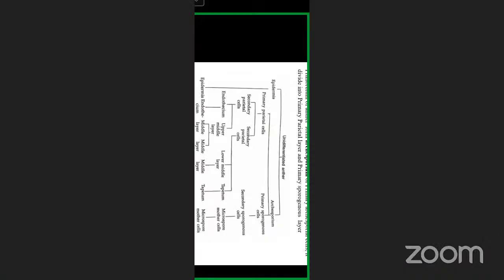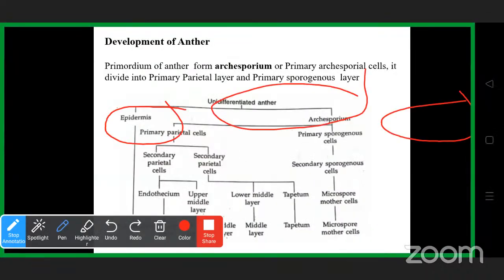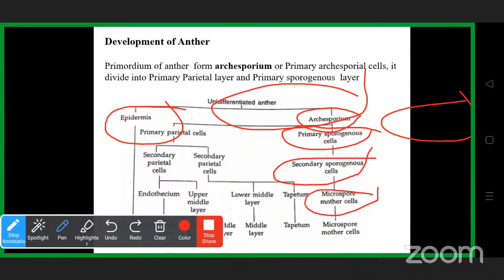And the second cell is modified as the archisporium, that means a generative cell. The primary archisporial cell divides into secondary archisporial cells, and archisporial mother cells will be formed. From that, microspores form for fertilization.